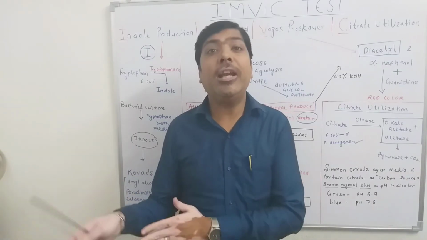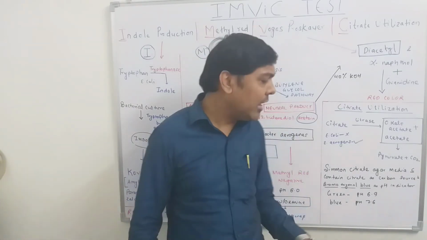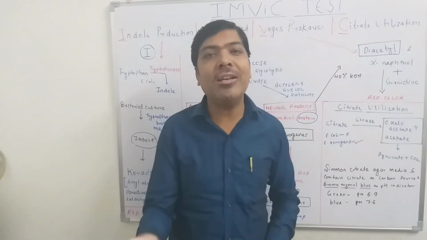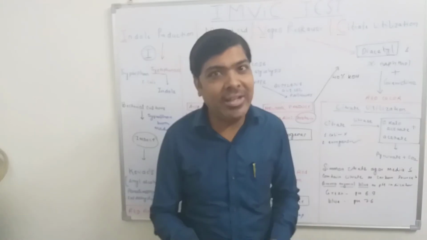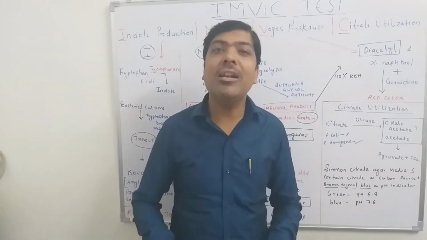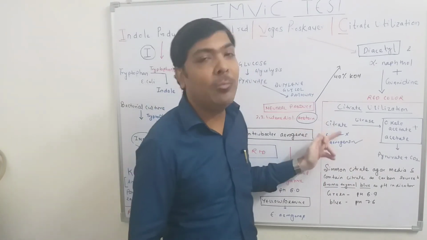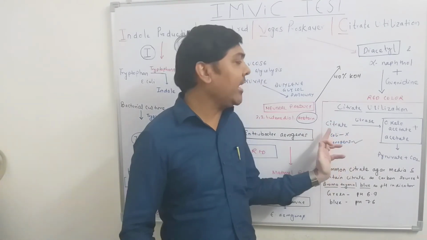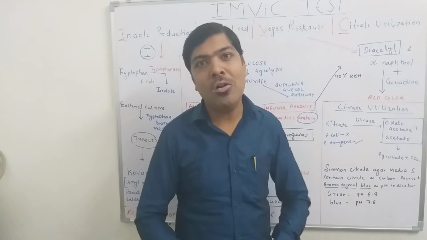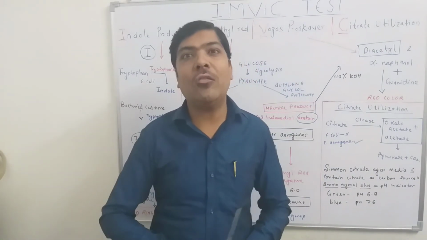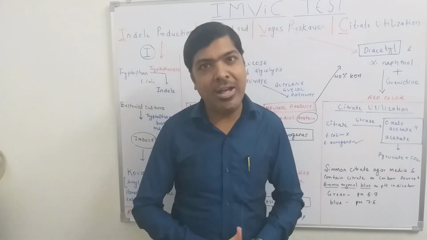After the incubation period, if we observe that the color of the medium has converted into blue, our conclusion is that the bacteria in our sample is Enterobacter aerogenes and not E. coli, because E. coli does not have the capability of utilizing citrate and converting it into oxaloacetate. This way we can easily differentiate the different categories of bacteria.